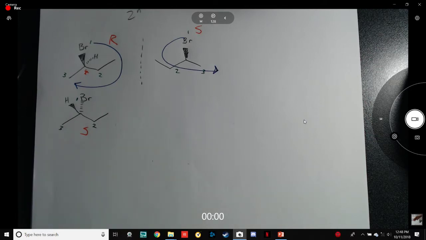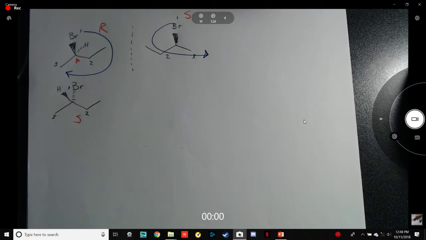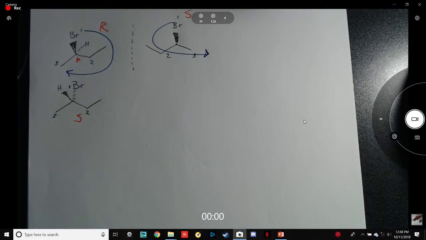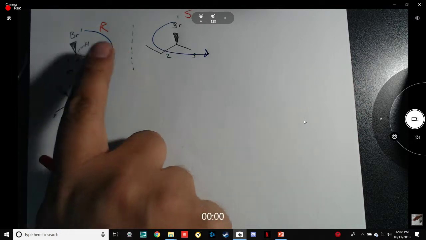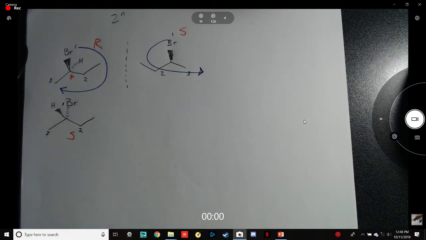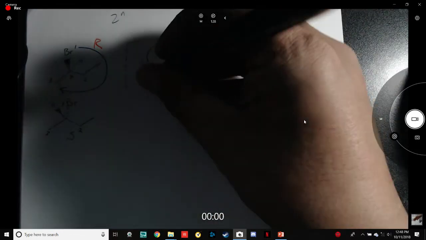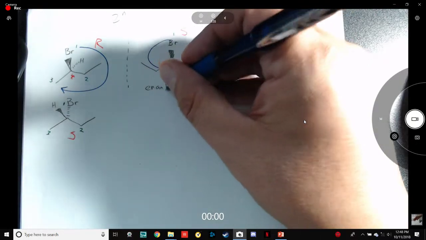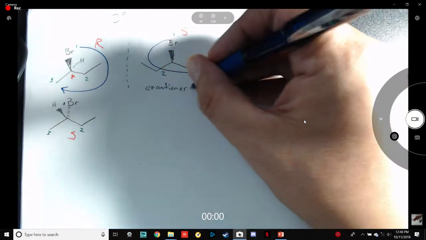All right, so what I want to do now is look at a more complex molecule that has more than one chiral center. But before we do that, how are these related? Again, what was that word? Yep, enantiomer. Enantiomer.